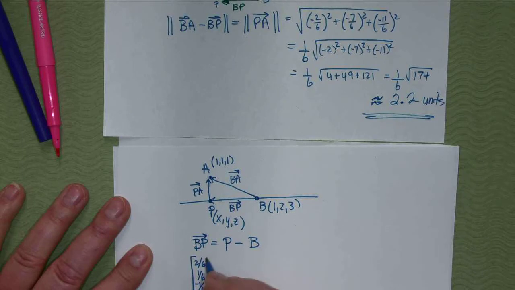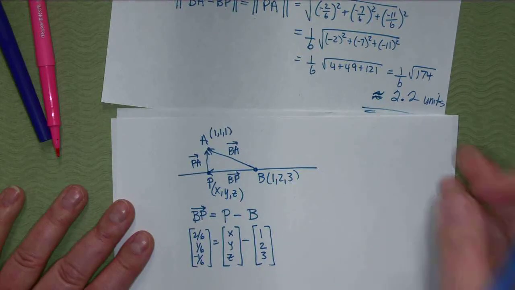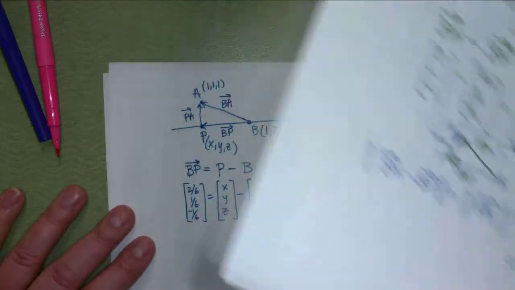P we don't know, and B is 1, 2, 3. So once you have all the sides, you can find any of the corner points from that.